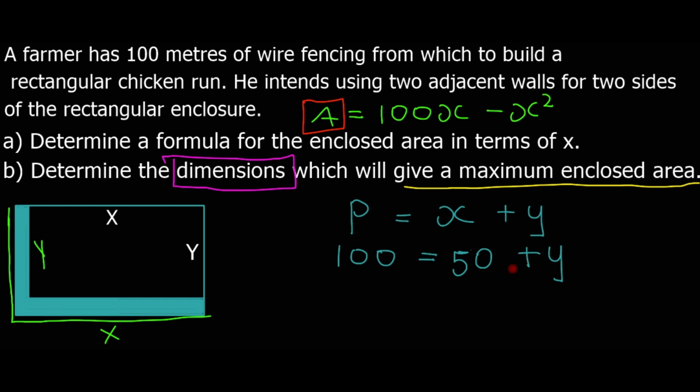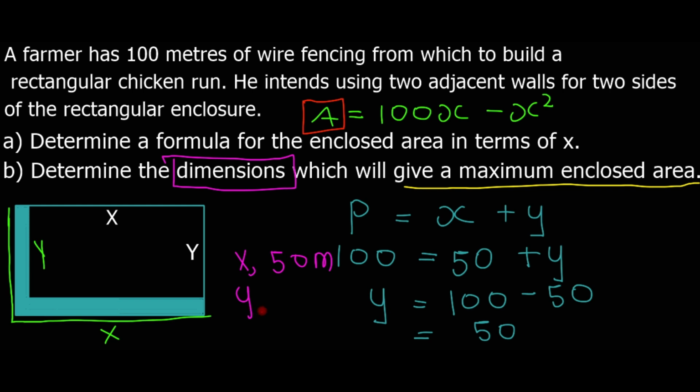From there we take 50 to the other side and it becomes 100 minus 50. So y equals 100 minus 50, and the answer is 50. So our dimensions are x equals 50 meters and y equals 50 meters.